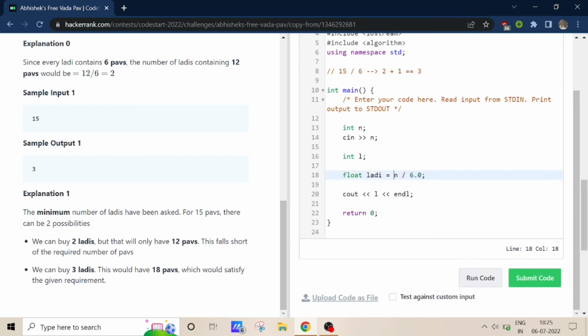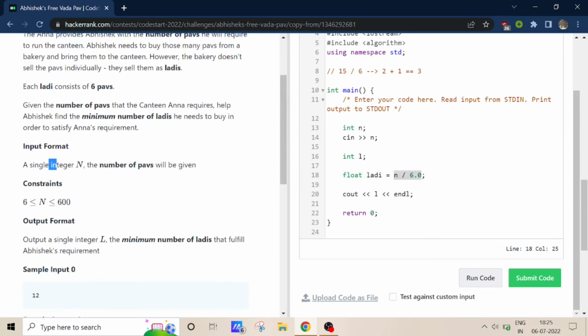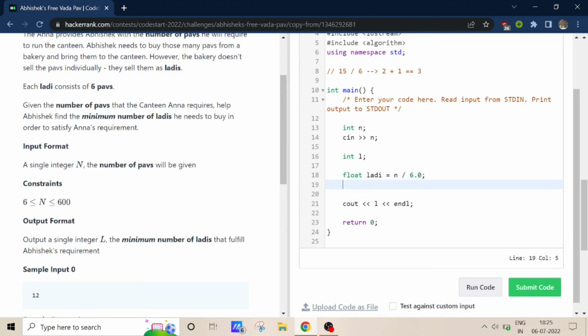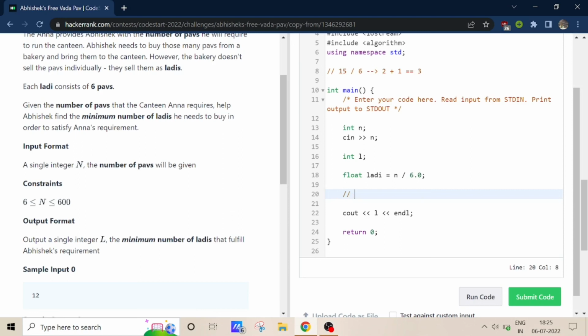Let's just say that 15 by 6 is something like 2.5. If I have 2.5 ladis, I obviously can't output 2.5 because I need a single integer L, right? So what I can do is I can find the next nearest integer of 2.5. So any number which is in the range from, let's say, 2.01 till 2.99, the next nearest integer for it would be 3. And what do we call this 3 as?